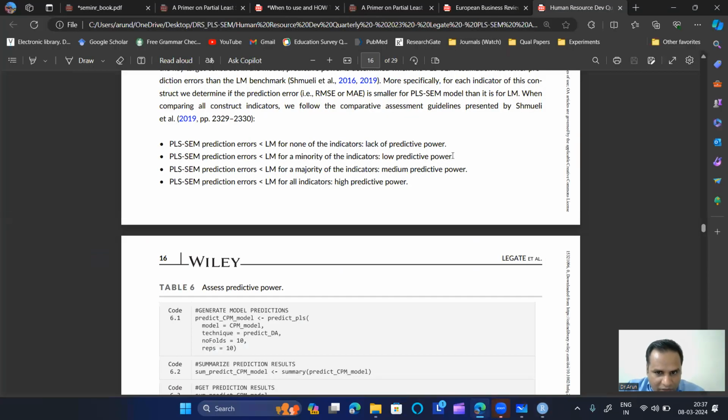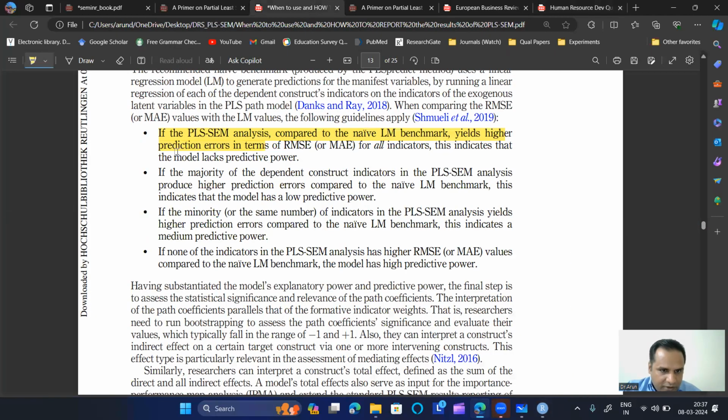Yes, and we fall somewhere here. And again, if you can't make sense, then read this. If the PLS-SEM analysis yields higher prediction errors, this indicates that the model lacks predictive power. Error should not be high.